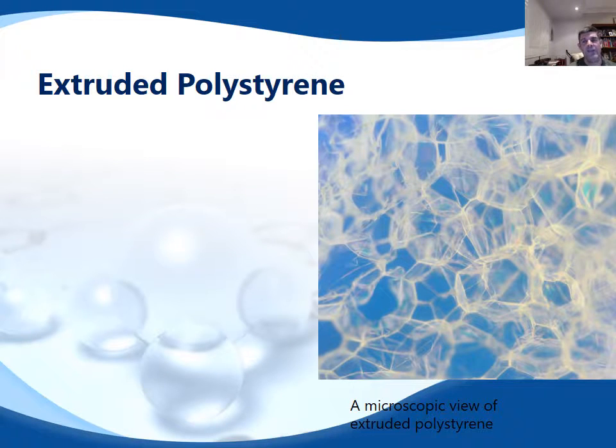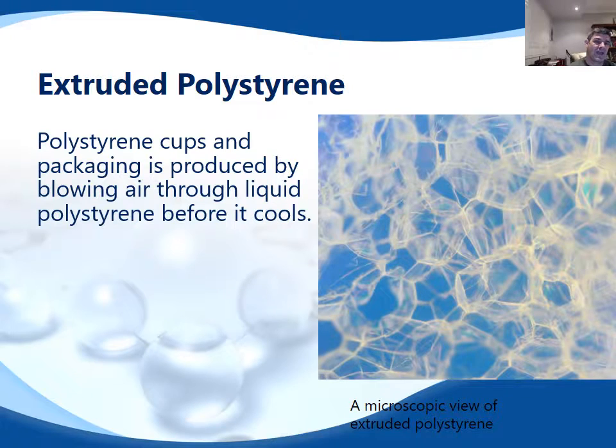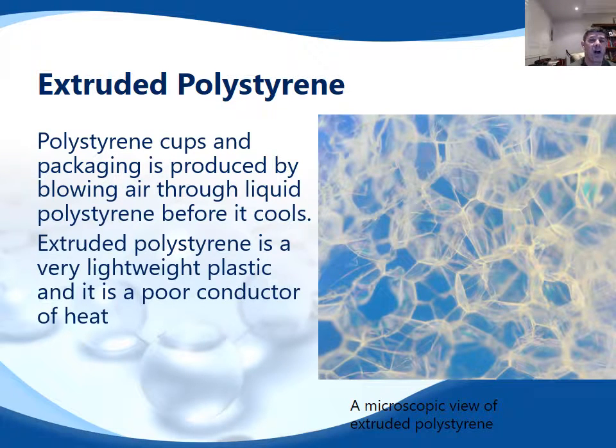But of course, if you blow air through the polystyrene, you get a different type of polymer, and that's how we get our cups and our beanbag beans and things like that. So before the polystyrene has had time to cool, in the liquid form, we blow a bit of air into it, and we get a completely different type of polymer that is now no longer transparent. It's much softer, it's even lower density because of all of that space, so that makes it very lightweight.